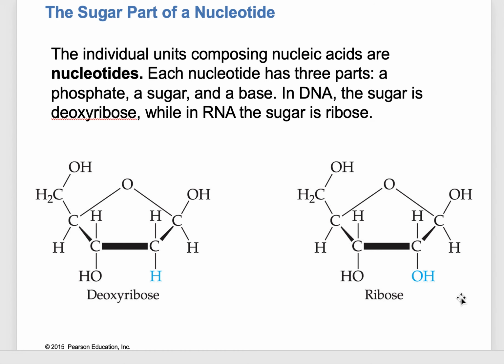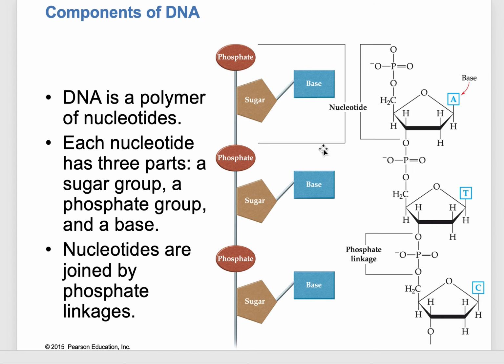All right. Now, the other two components are the base and the phosphate. So if you've got DNA, you have the sugar, the base, and the phosphate. Okay, and here's an example. The sugar is the deoxyribose.